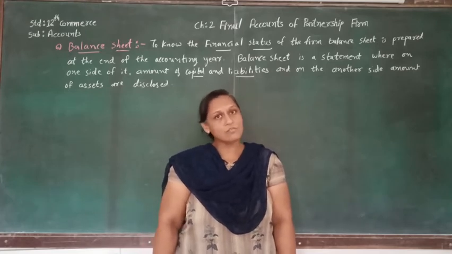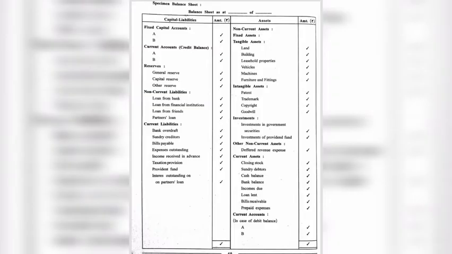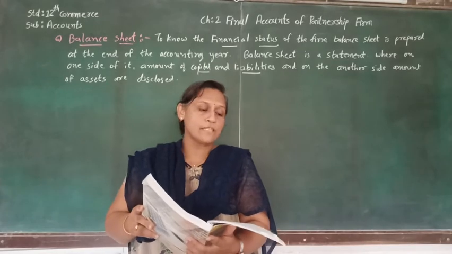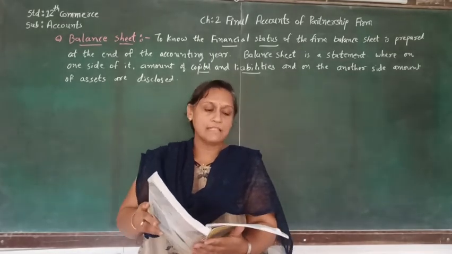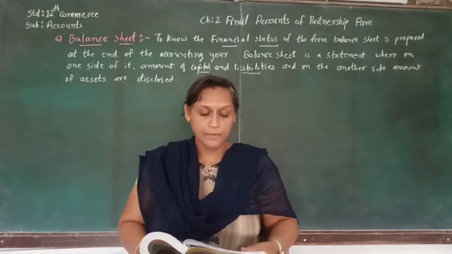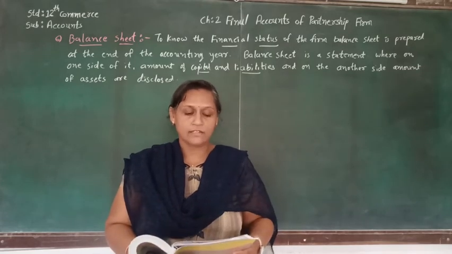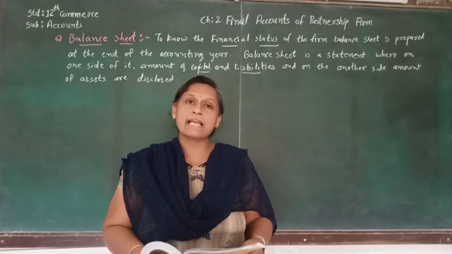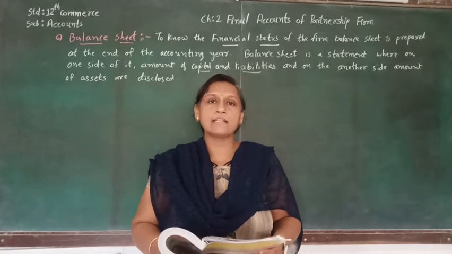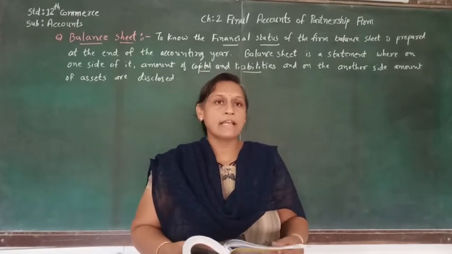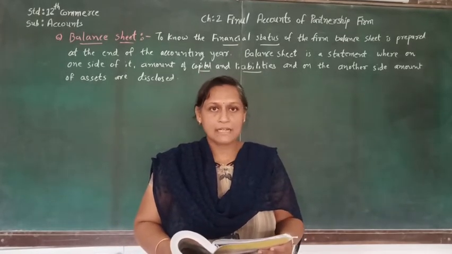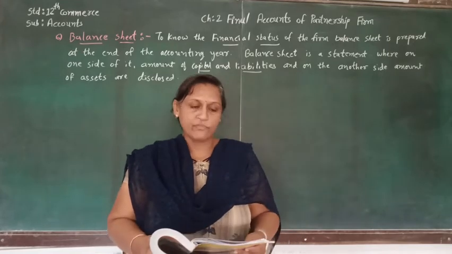Now let's see the specimen of the balance sheet. When we are preparing the balance sheet, we are supposed to write balance sheet as at. The words as at are important, and then there is the date of the balance sheet of the partnership firm.